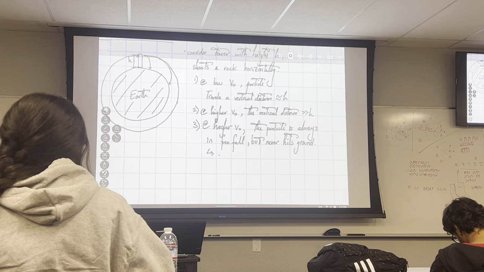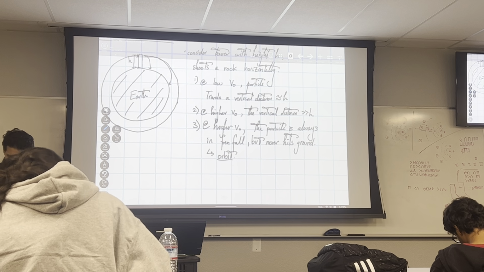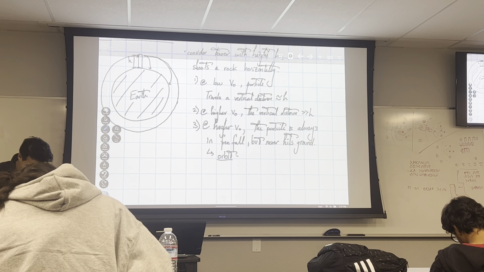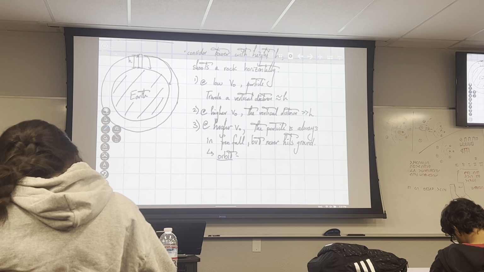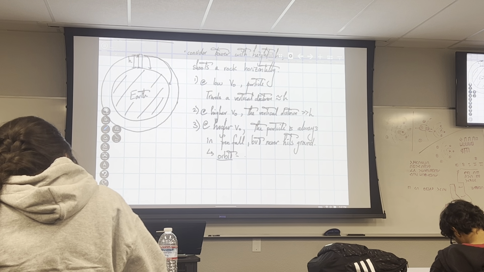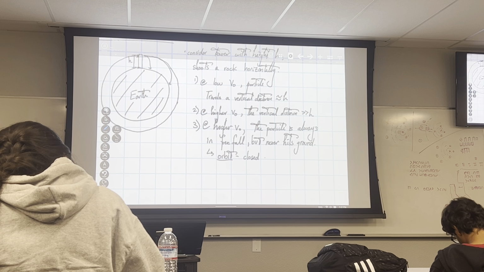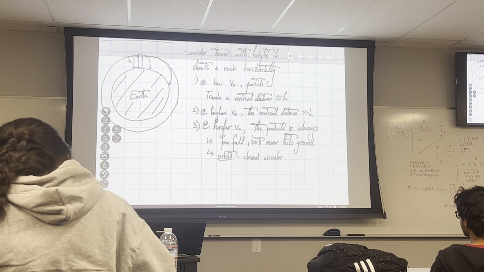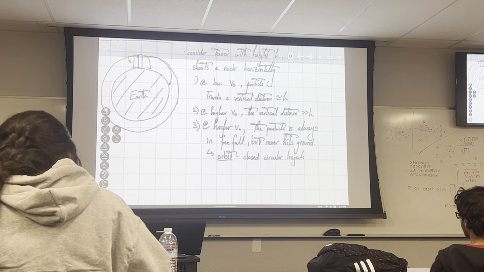This is considered an orbit, which is a closed circular trajectory.